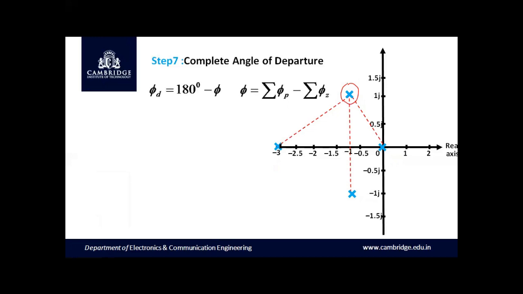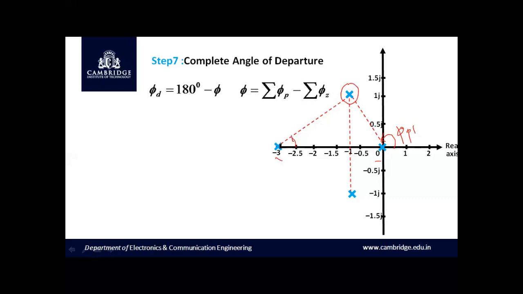And now we have to calculate the angle subtended by the phasors joining the pole to the pole under consideration. Here now we have to calculate the angle of contribution for the pole at s is equal to 0. Exactly this angle I can represent as phi p1, and then the angle of contribution of the pole at s is equal to minus 3.